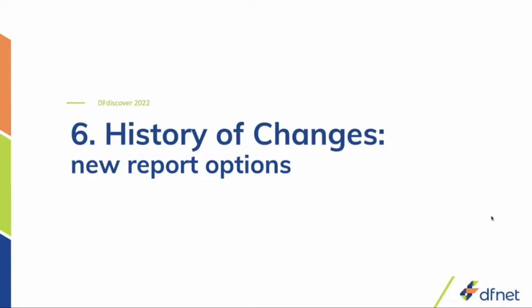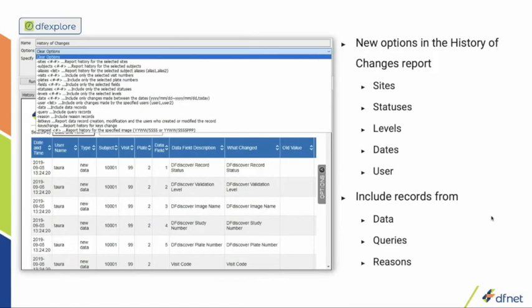And the final way that we're able to use the history of changes is we now have more options in the history of changes report. Previously we had 4 or 5 options available in this report. As you can see here, the list of options has grown significantly.